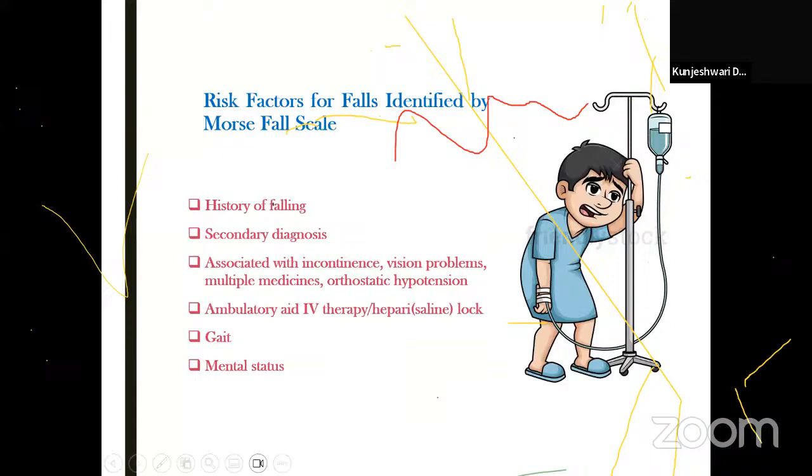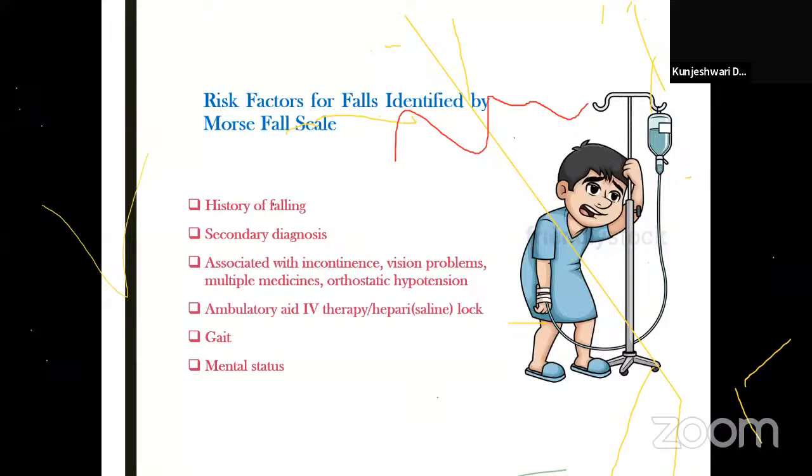The reason is, when a patient is admitted and assigned to me, he's a 50-year-old man, I have no idea about this human being. So how do I take care of him? Is he having a tendency to fall? How do I come to a conclusion? That is why the fall risk assessment has come.